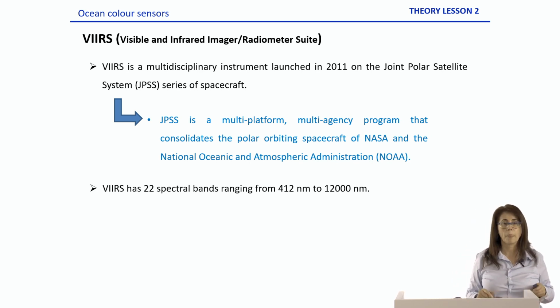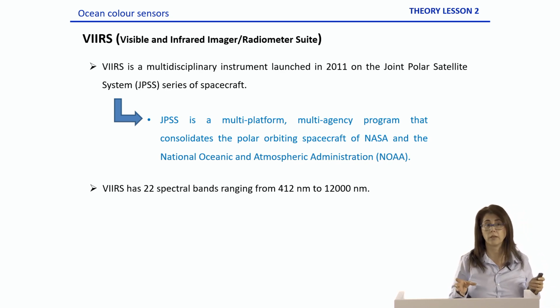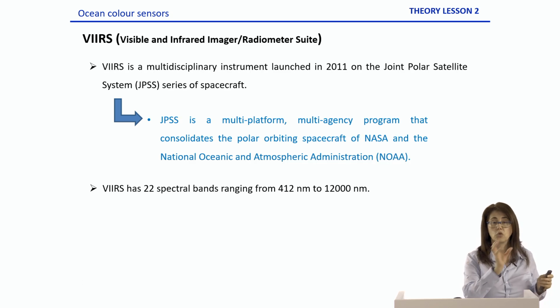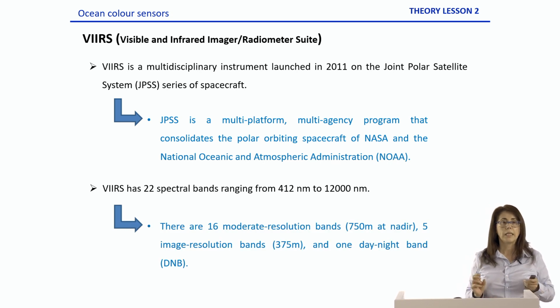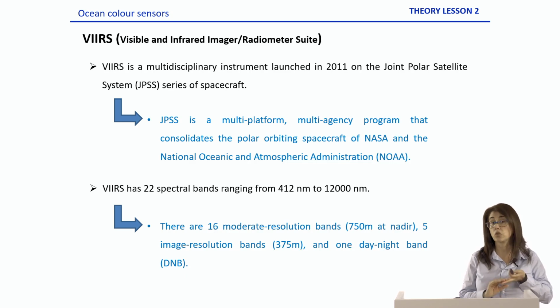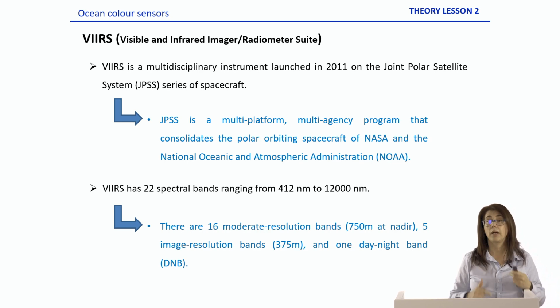It has 22 spectral bands that range from 412 nanometers to 12,000 nanometers, so from the visible to the infrared bands. It has 16 moderate resolution bands with a spatial resolution of 750 meters, 5 image resolution bands with a spatial resolution of 375 meters, and 1 day-night band.